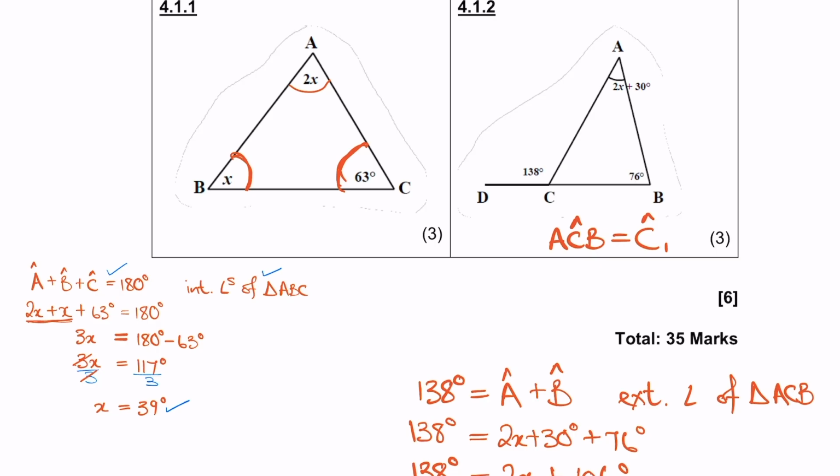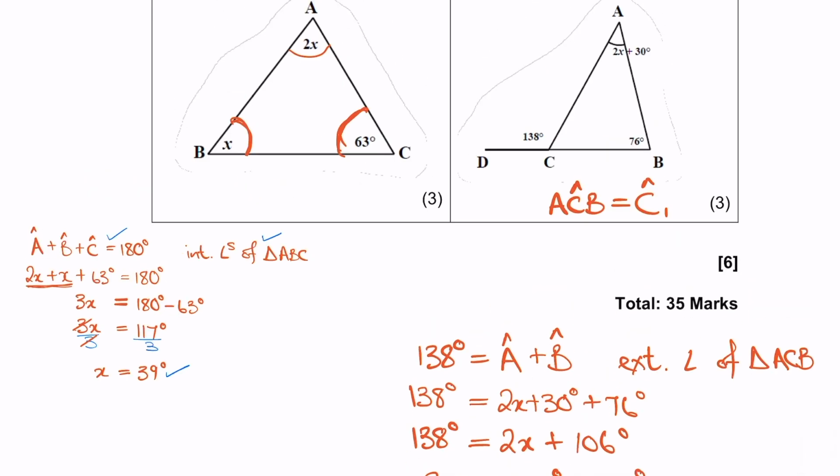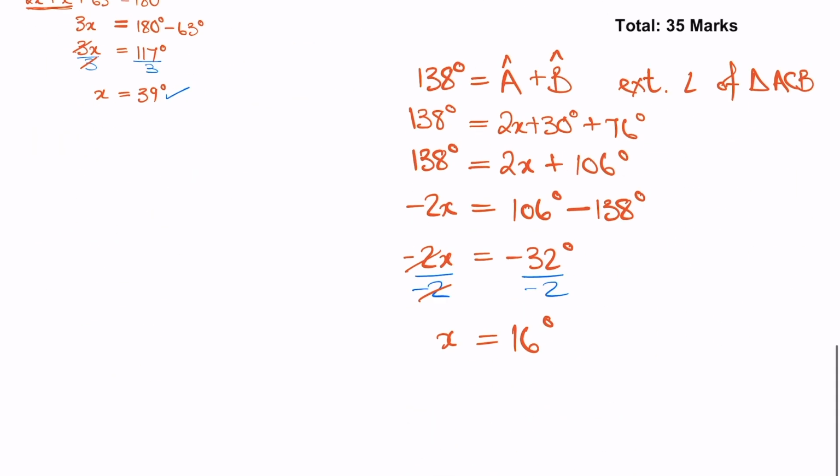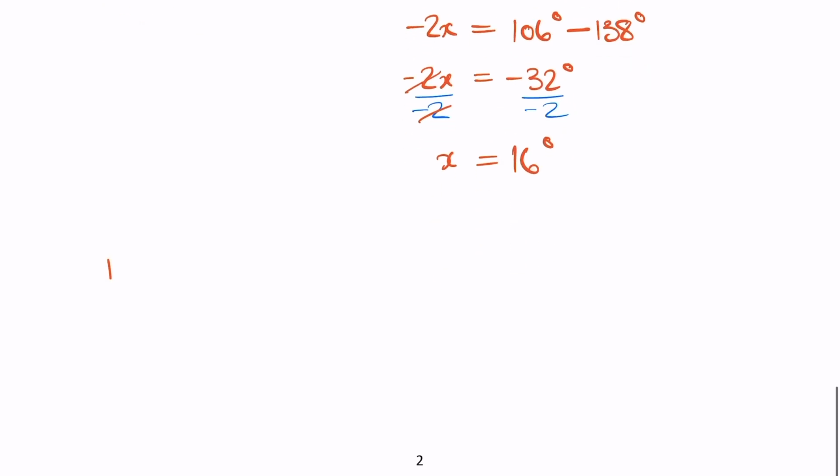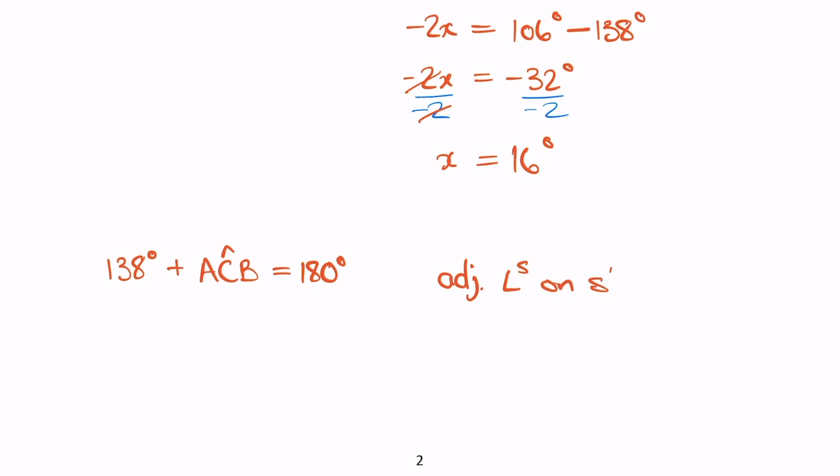And how are we going to do this? We're going to start off by saying that 138 degrees plus angle ACB, those two are adjacent angles on a straight line, so they must add up to 180, right? So if I write that out, I'm going to say 138 degrees plus angle ACB is equal to 180 degrees, and my reason is adjacent angles on a straight line.